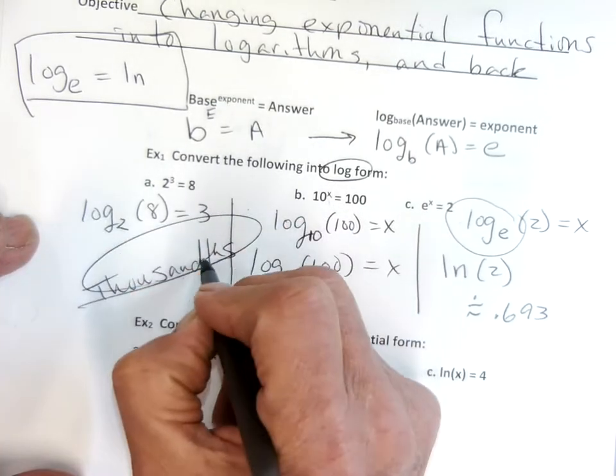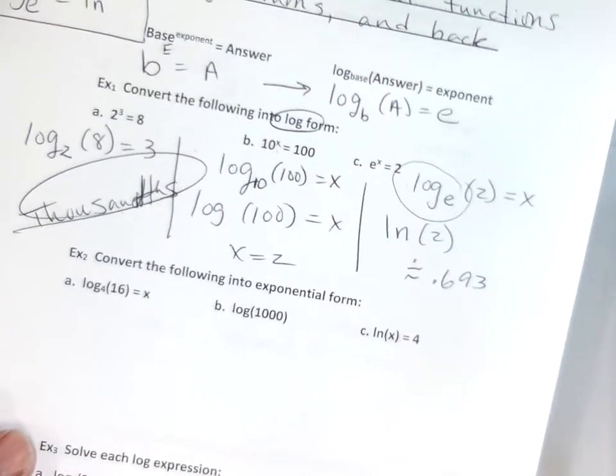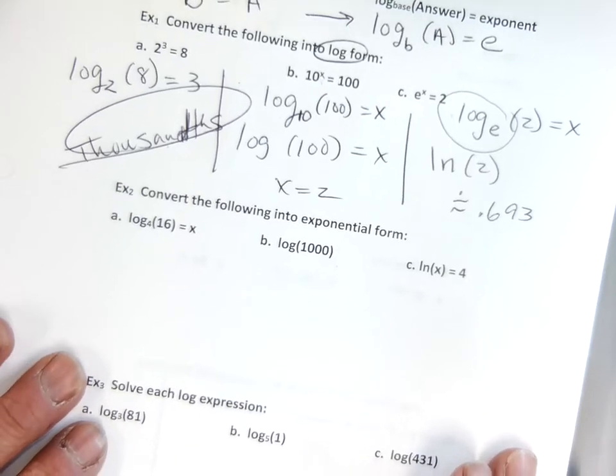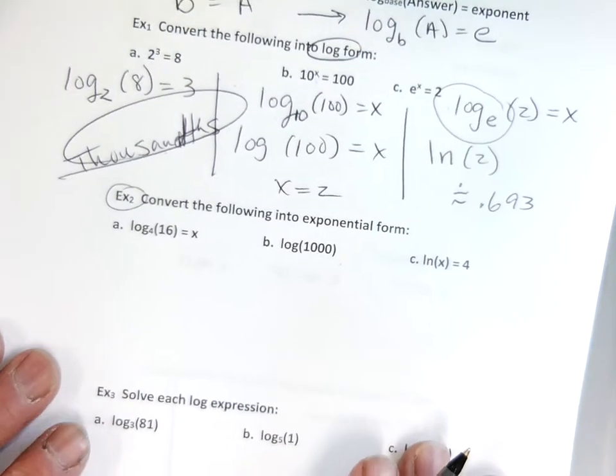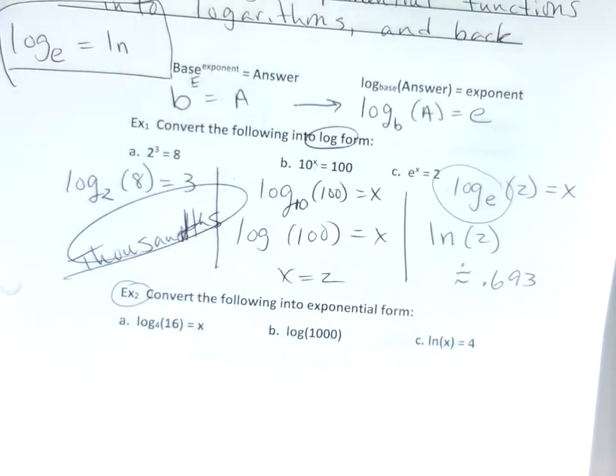Okay, thousandths. Now, example 2a. Let's do the opposite. I'm going to say it, and we'll do it. We're going to change it from here to here. Watch how I do this. Everybody watching?